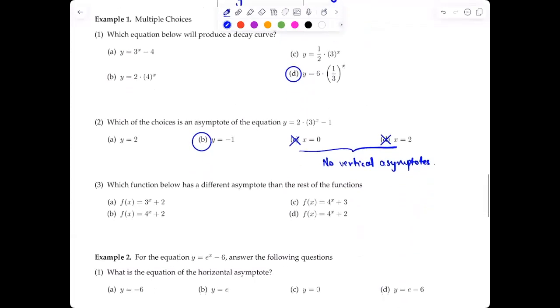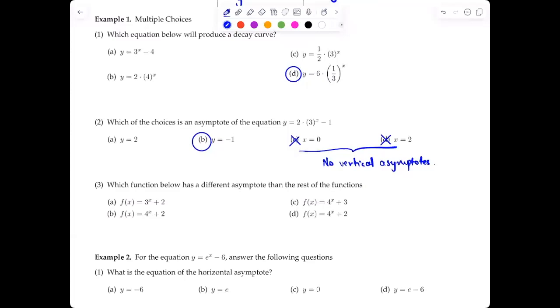Now, with that idea, can we try to do number 3? First, identify if these functions are exponential growth or exponential decay. If this is growth, what about that? Growth as well. About this, growth and growth as well. So they are all growth functions.